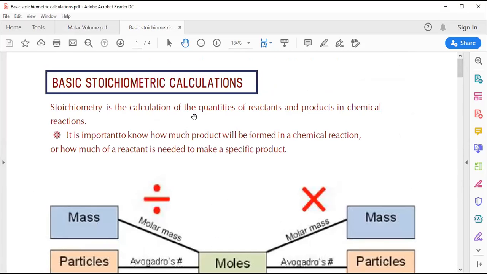Basic stoichiometry calculation. Stoichiometry is the calculation of the quantities of reactants and products in a chemical reaction.